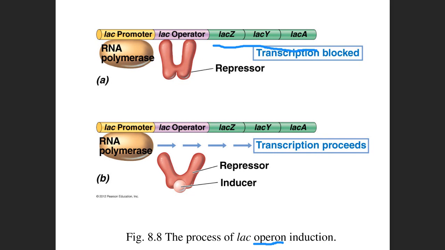Then in front, and this part is the key, the lac operator. The lac operator is the binding site for the lac repressor. It is an inhibitor binding site, or repressor binding site. You see, it binds to it.